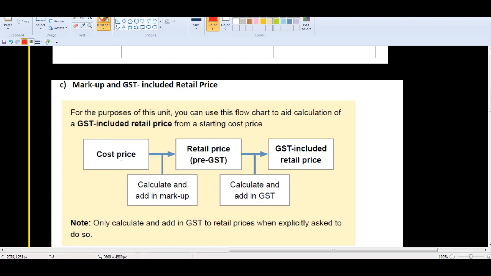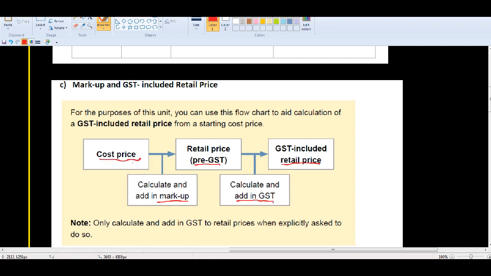First, for a business, there's a cost price of a certain thing. Then from this cost price to the retail price, you need to add in the markup. And from the pre-GST retail price, you need to calculate and add in the GST, and it becomes the GST-included retail price.